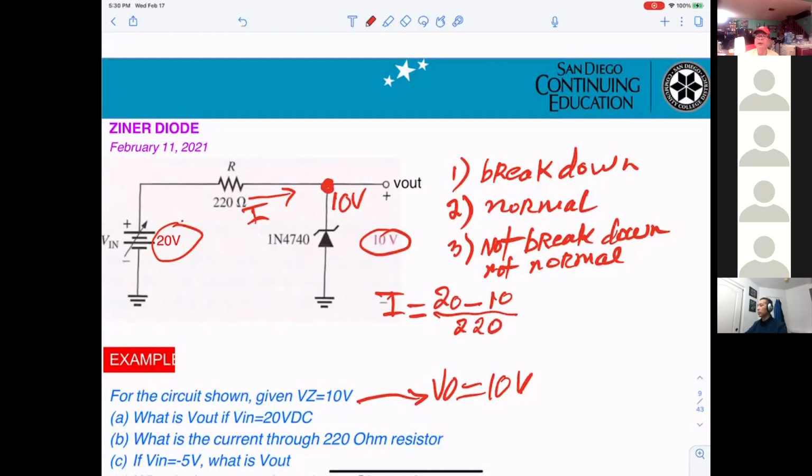No matter what you get, I just showed you how to do the calculation. Any question up to this point? And that will be B. That was A.